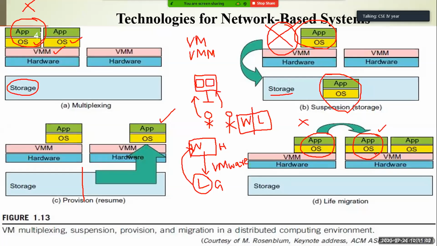So these are the four operations that you can apply to different virtual machines by applying the concept of multiplexing, suspension, provision, and migration.